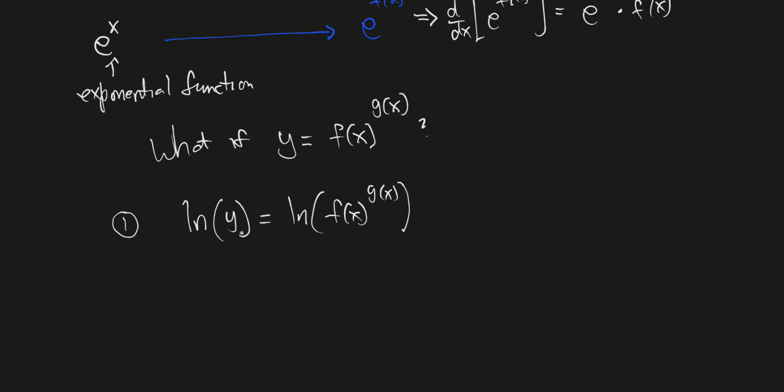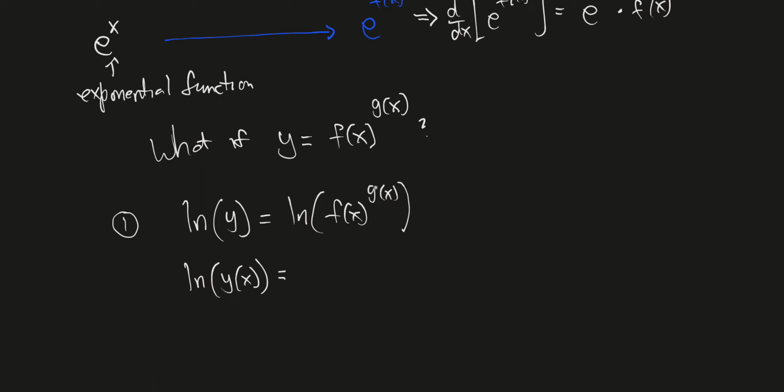Now I have something that's implicit because I no longer have the y isolated. So I'm going to write this in an implicit form, saying that now I have the log of y of x. And over here, I'm going to use the property of logarithms that allows me to take this power and put it in front of the ln as a multiple.